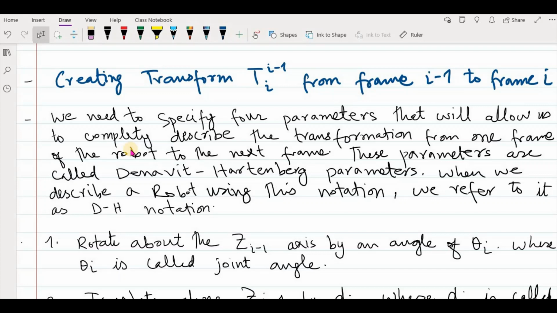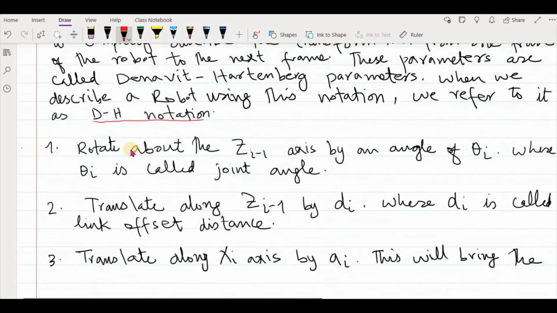These parameters are called Denavit-Hartenberg parameters. The ones we talked about: theta i, alpha i, d_i, and a_i. When we describe a robot using this notation, we refer to it as DH notation. So this DH notation is another method for finding the transformation, or finding the forward kinematics.